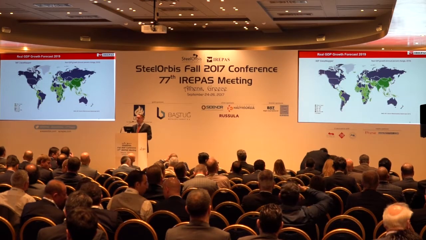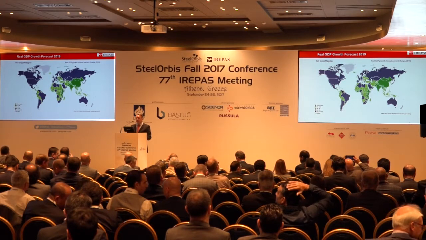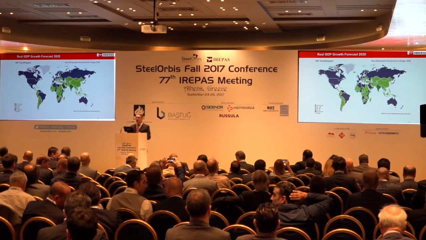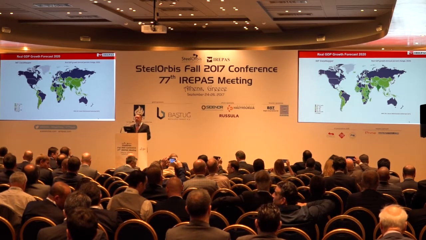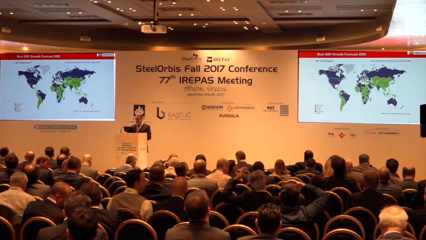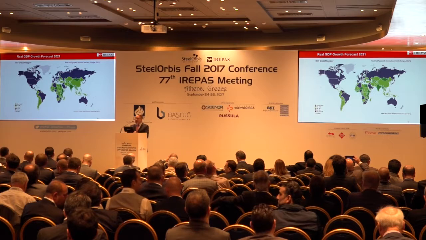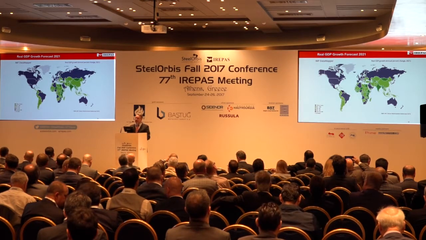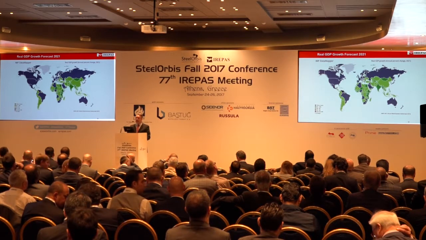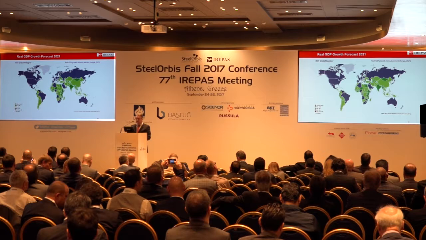The picture for the year 2019 is even better. In 2019, a slowdown of the Chinese economy is expected, and that's why it is changing color from strong green to light green. But many countries in the Far East area, like Taiwan and Indonesia, will probably replace the demand for steel in the Far East area.